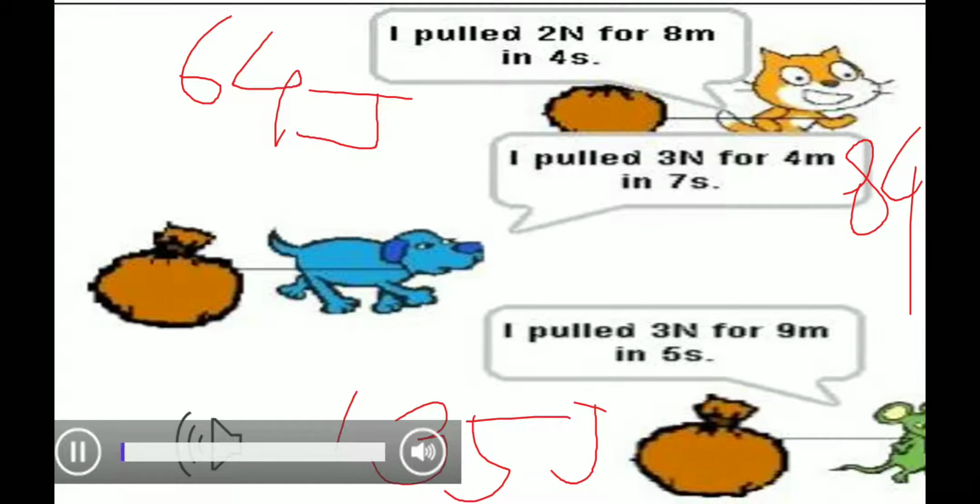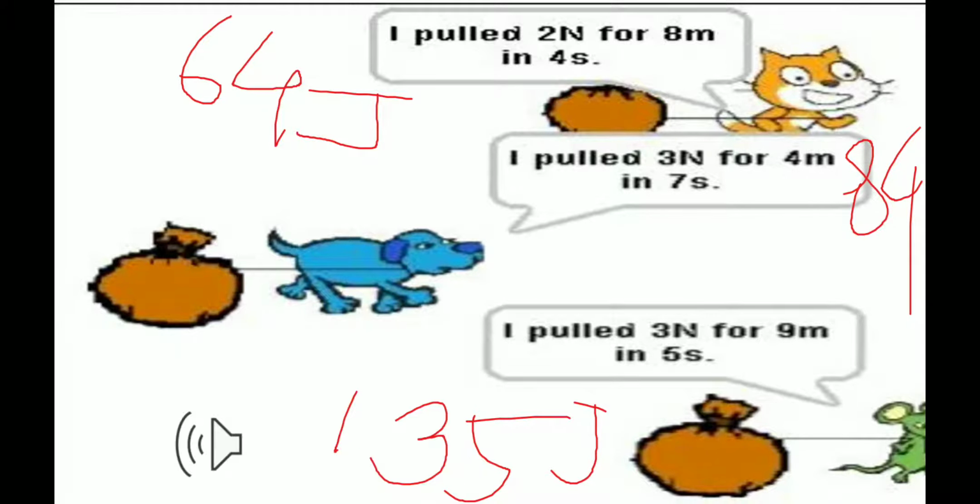So now, suppose here the first one is saying I pulled 2 Newton for 8 meter in 4 seconds. Okay. So what will be the work? Work will be 2 Newton into 8 meters. And what will be the work done in 1 second? 64 joules.